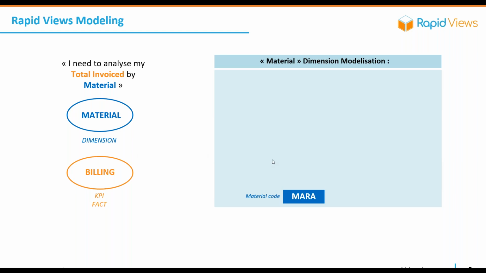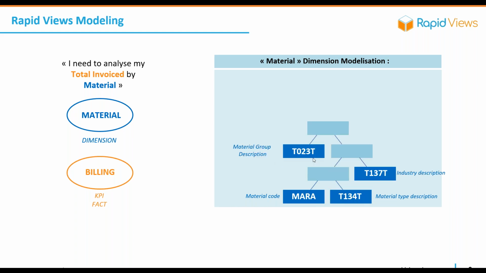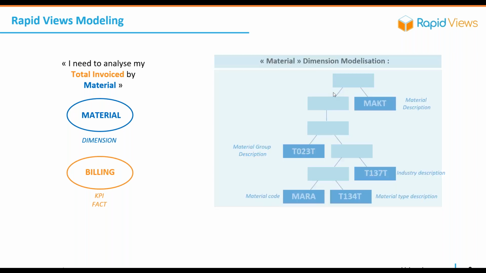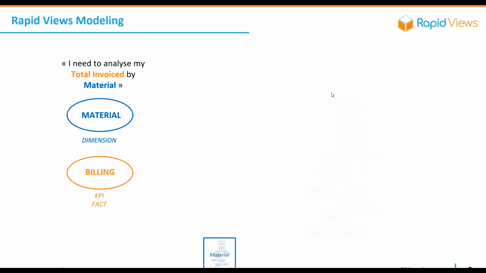At the end of the day, we build all these components. For a material dimension on SAP, typically you need to be able to mix a specific number of SAP tables. You need to mix the MARA table with the T1340 table and so on to have the overall material dimension. So we built this concept of dimension.